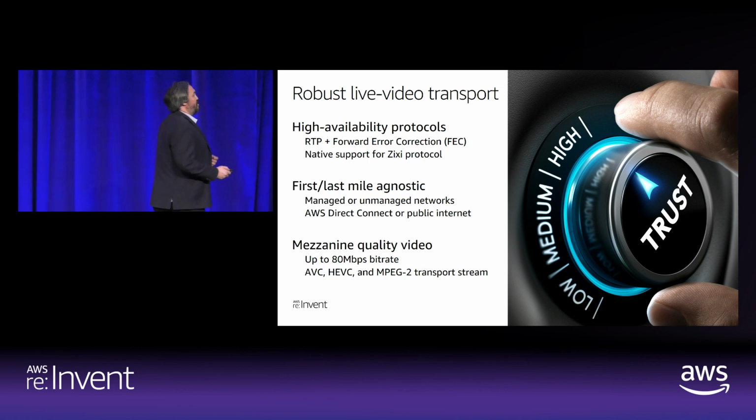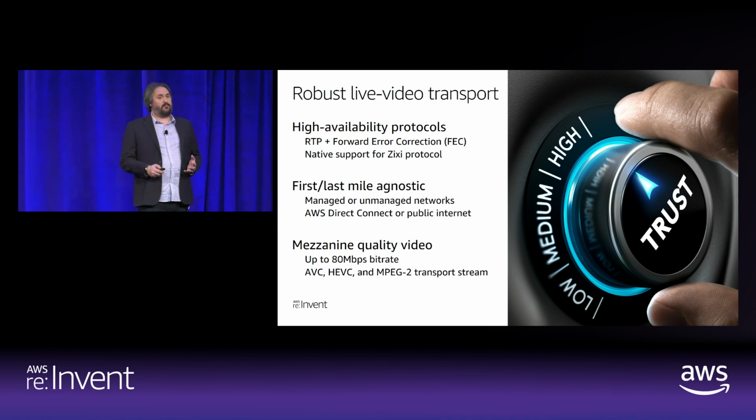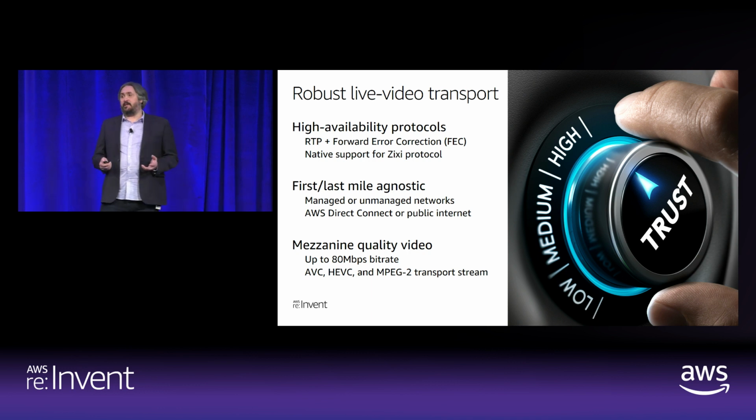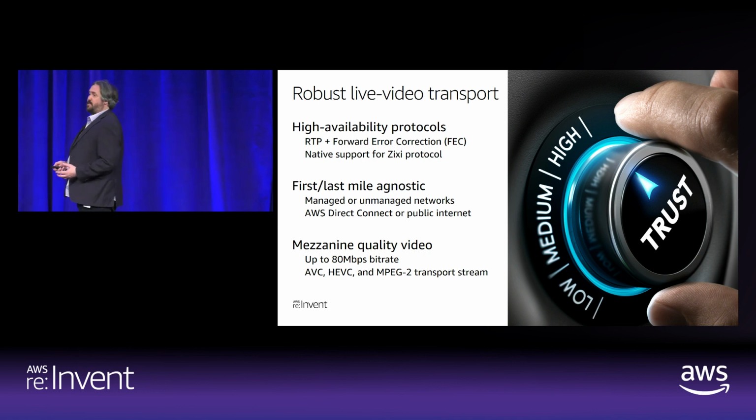We're also, this comes up a lot, and I want to cover it off very early in the presentation. We're very agnostic about the type of network we work with. Now, of course, point-to-point, flow-to-flow, we'll talk a little bit about what that means later, is within the AWS network. But we're also very agnostic about what the first and last mile look like. So particularly for the contribution use case, and certainly for some of the distribution use cases, we recognize that the type of network you deal with isn't always guaranteed.